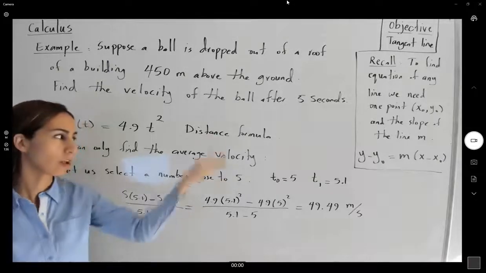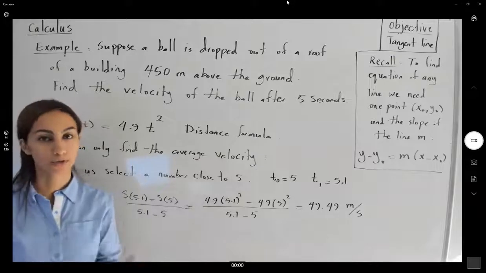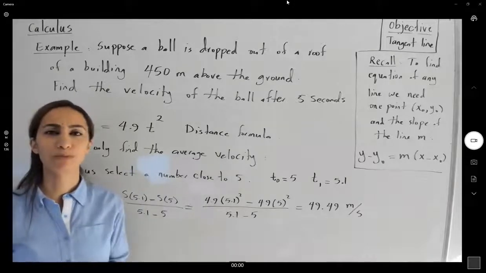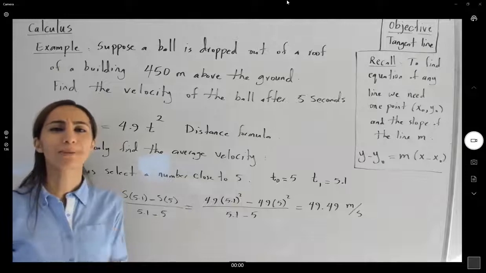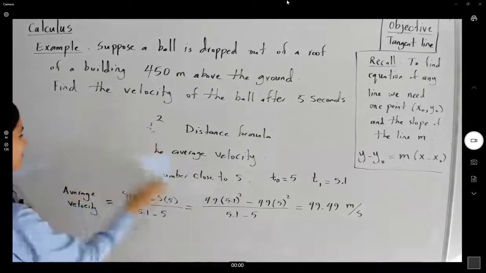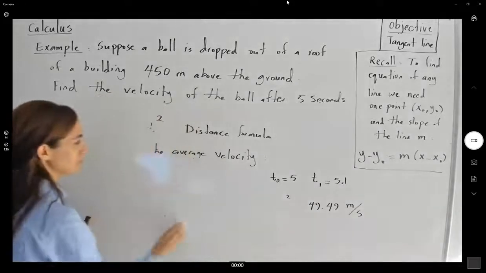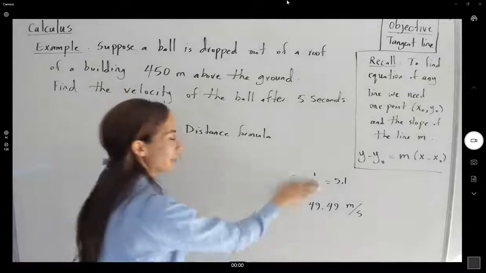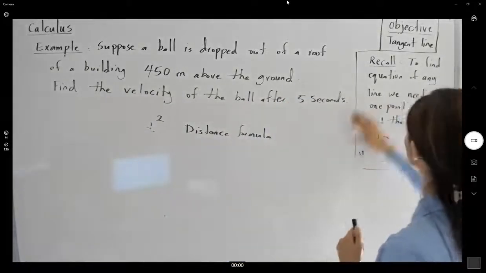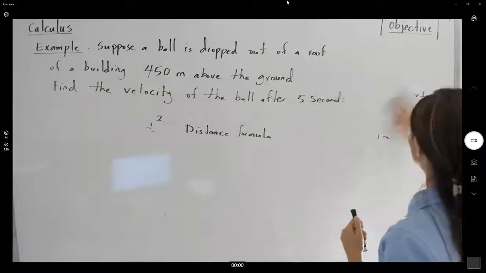We cannot just rely on the average velocity or the slope of the secant line to find those. We need to introduce something new that we call the limit of a function. Okay. Let's define the limit, then show you how to use the limit to find and solve these problems.